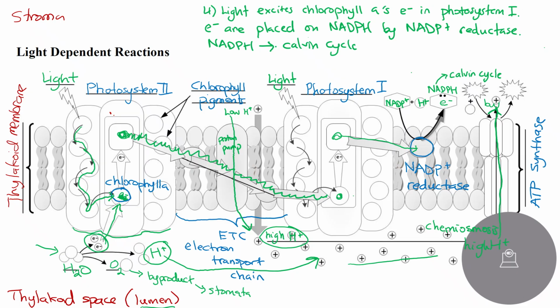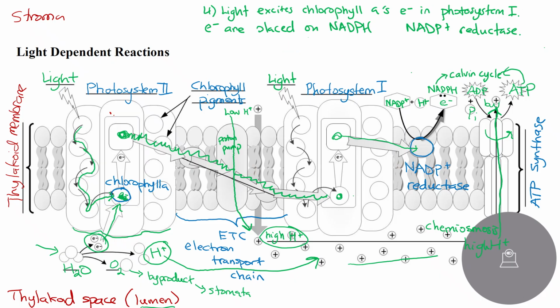And how it does it is that the movement of the concentration of hydrogen ions across the ATP synthase turns the motor here, capturing ADP and inorganic phosphate to generate ATP, which goes to the Calvin cycle.